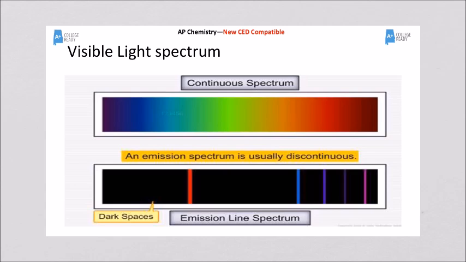When we talk about visible light, you've heard of RGB, so that's what we call the continuous spectrum. It's all the different colors in the visible spectrum. When we have an element, what scientists have discovered is that we can identify elements by their emission line spectrum. What happens is they take the element and heat it up so it's a gas.